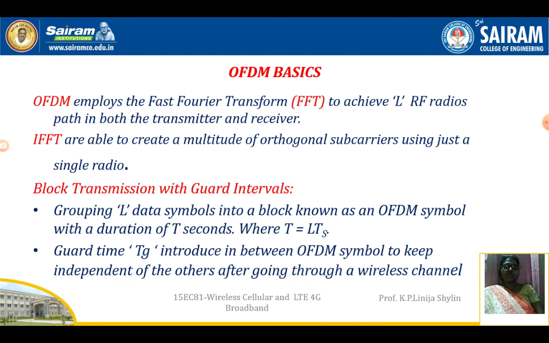Here we are introducing a guard time, represented by TG, between the OFDM symbols. Why do we want this TG? We want to make each OFDM symbol independent after going through the wireless channel.